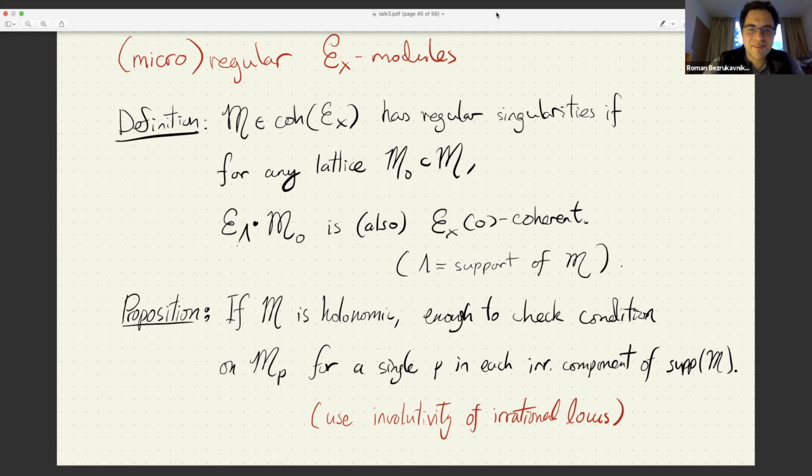In symplectic geometry, if you want to take vanishing cycles over some conormal bundle, you pick a little Lagrangian disk that intersects this conormal bundle at a point, and then you take morphisms from that brane into this brane.